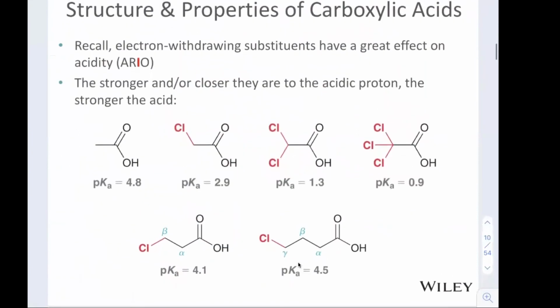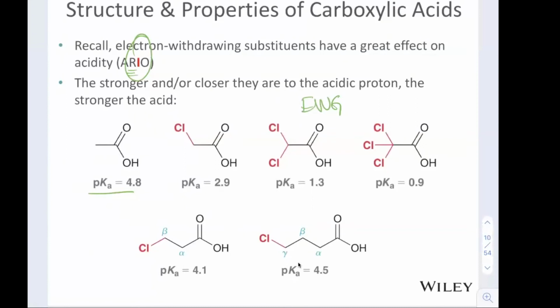If we take it a little step further, and instead of just referring to the resonance part of ARIO, we take a look at the inductive effect, we can actually affect the pKa's of a carboxylic acid by adding electron withdrawing groups to the carbon. Here is a simple carboxylic acid without any inductive effect. This one, again, still has resonance, so it's still a stronger acid than an alcohol.